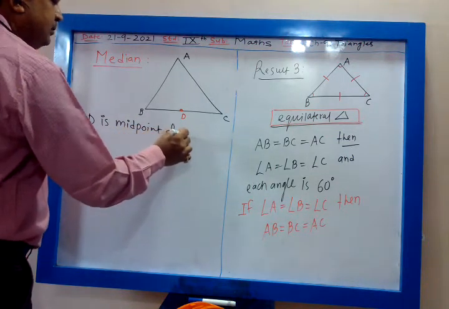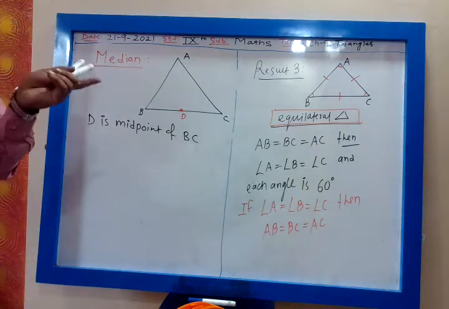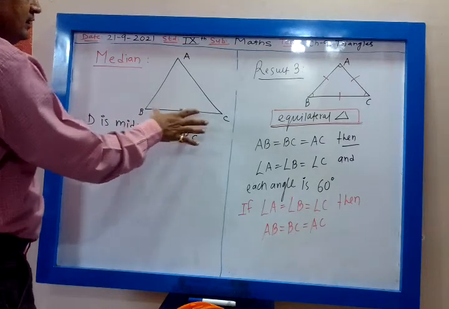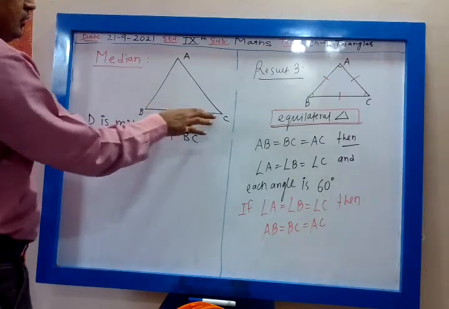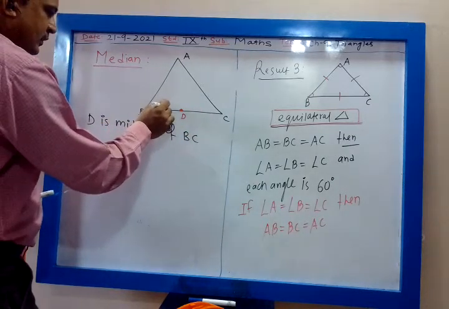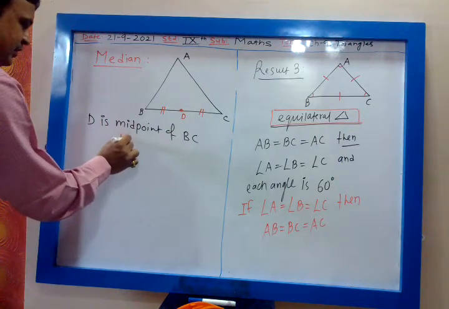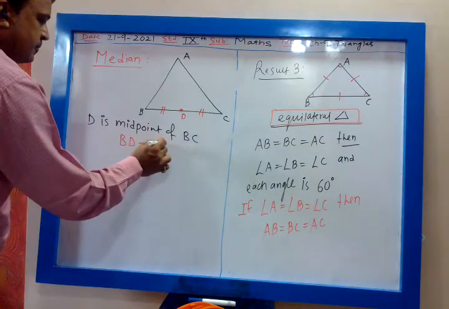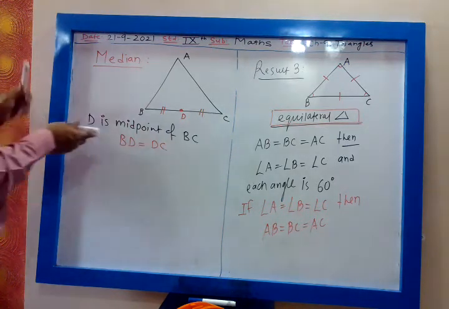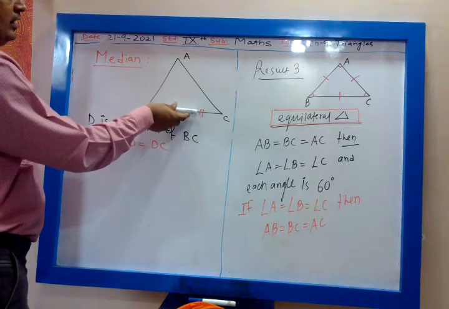What do you mean by D is the midpoint of BC? D will be at equal distance from B and C. That means BD is equal to DC. Now what is the angle opposite to BC?